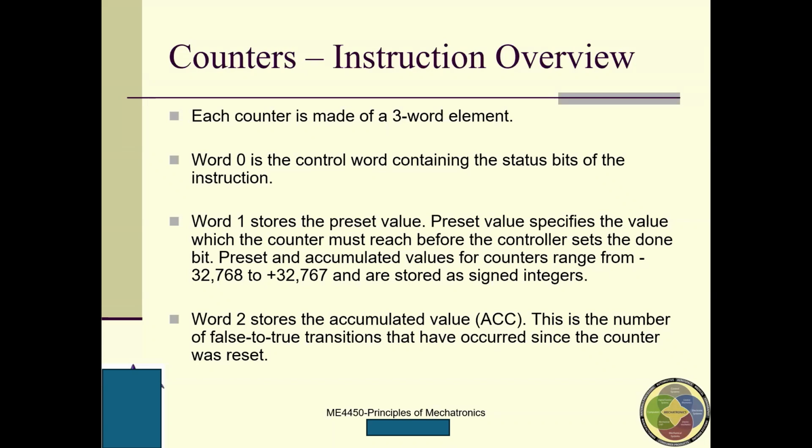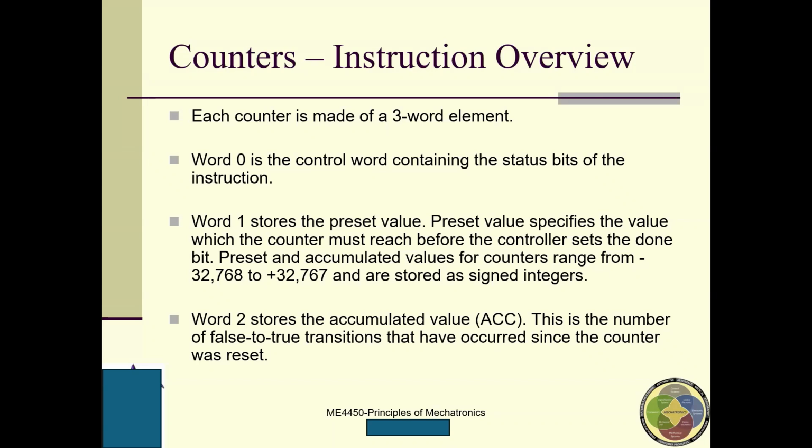The preset value specifies the value which the counter must reach before the controller sets the done bit. You can see this is very similar to the timer. Okay. So when the time is up, the done bit will be set high.